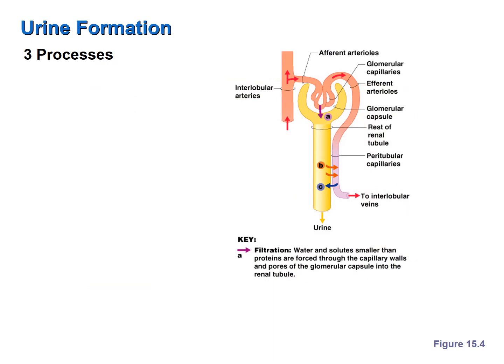So to quickly summarize urine formation in brief, filtration occurred in the glomerular corpuscle, where the plasma portion of blood minus the plasma proteins moved into the glomerular capsule.